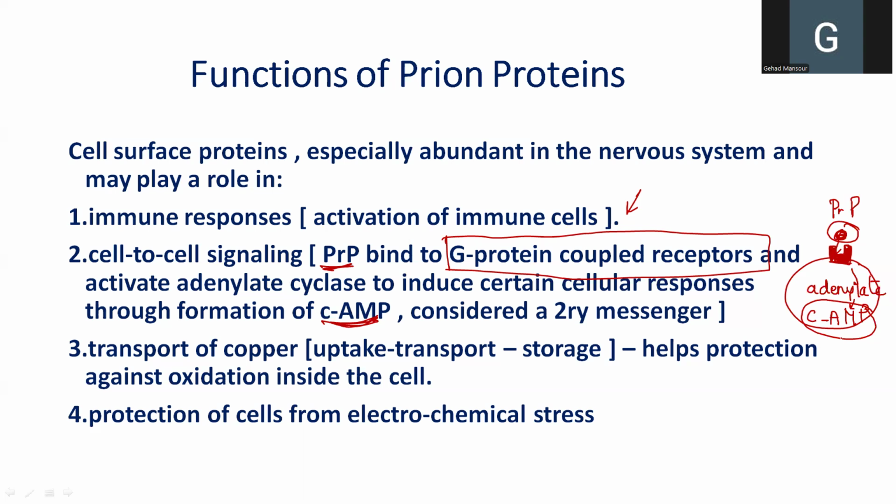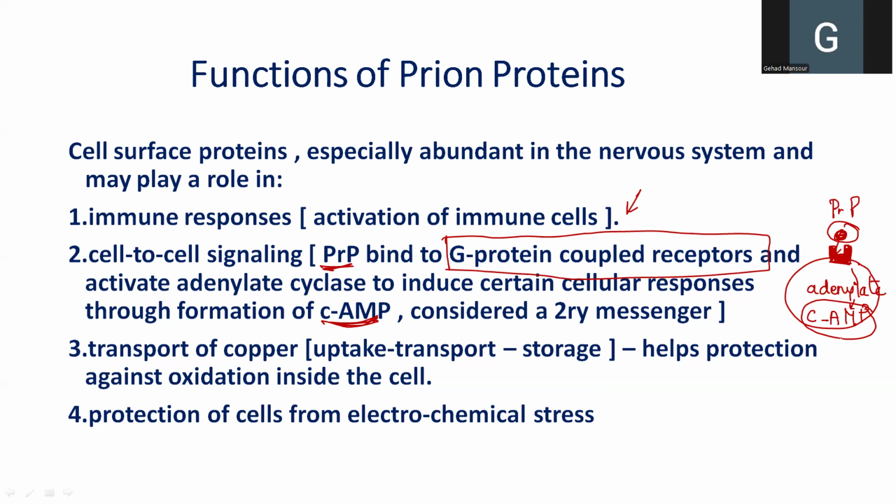Prion proteins are also important for the uptake of copper from the blood into the cell, and then transporting it into the cell, storing it into the cell. And copper is important because it protects against oxidation. And you know, of course, from your study of human biology, that oxidative stress is harmful to the cell.